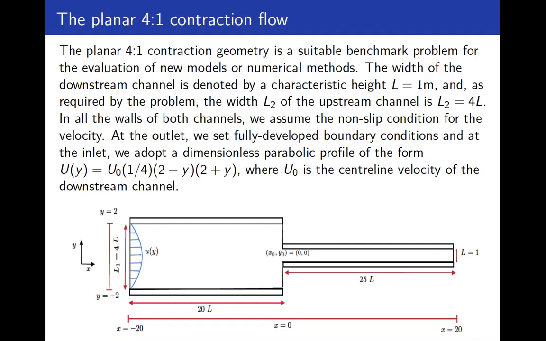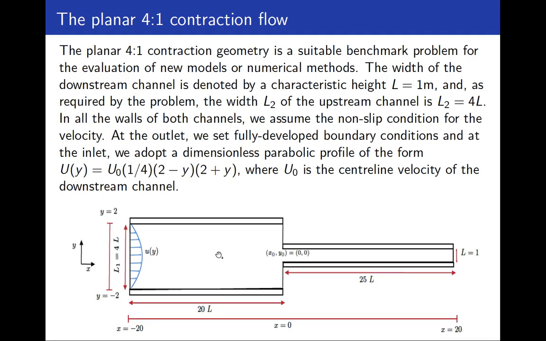I also carried out simulations in a more complex geometry, which is known as the planar 4-to-1 contraction flow, a geometry that can be used in the industry. For instance, in extrusion operations where you have a long channel, a very big channel with length equal to 4L. This geometry is known as 4-1 because the big channel is 4 times bigger than the smaller channel.